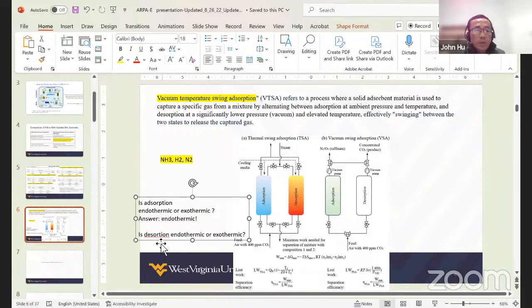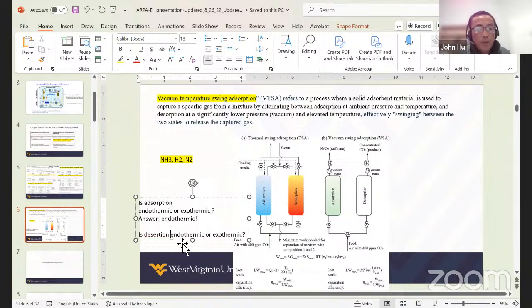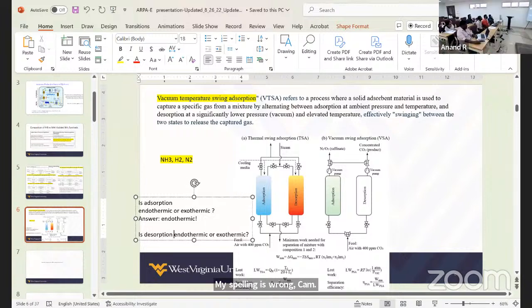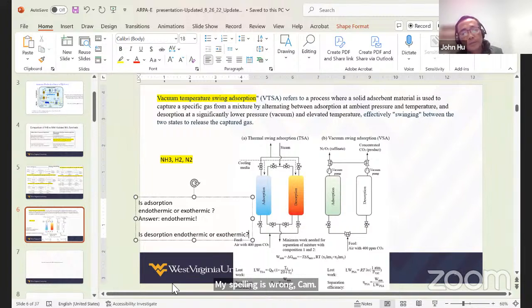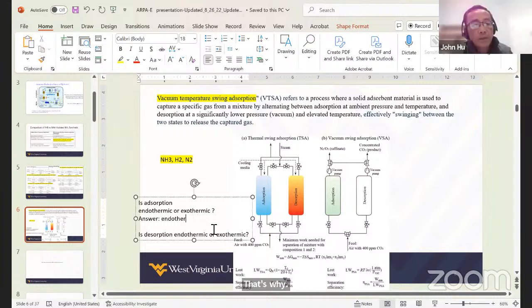Is desorption... No, my spelling is wrong. Okay, other way around, sir. Is desorption endothermic or exothermic? Endothermic, sir. Actually, we have changed. It's the other way around, sir. The answer is that desorption is endothermic, and adsorption is exothermic. You changed your answer, is that right? Yes, sir.